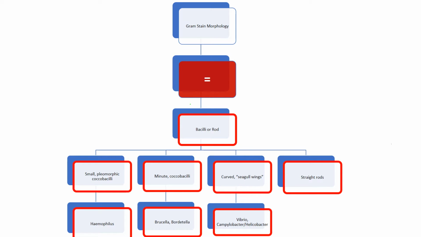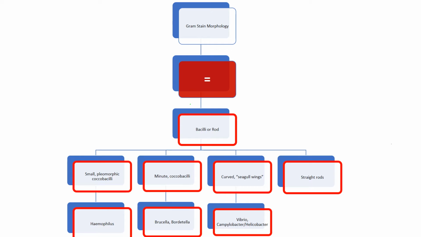So for example, your gram stain shows you a gram-negative bacilli, starting from the left of the chart. You find that the organism looks very small, pleomorphic cocobacilli that sometimes you may think, are these cocci?